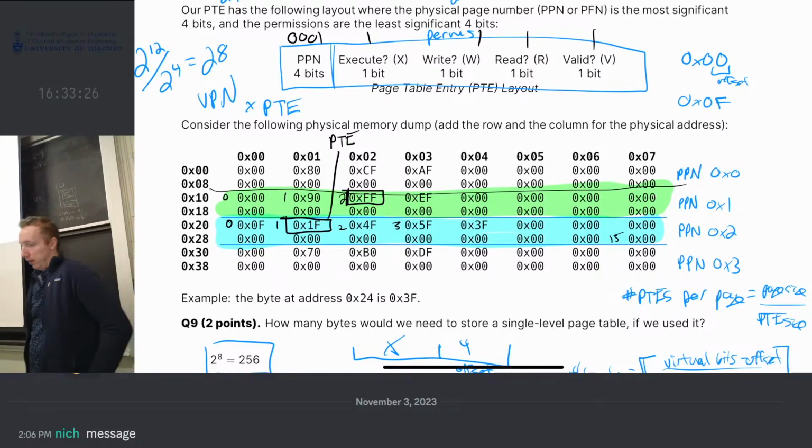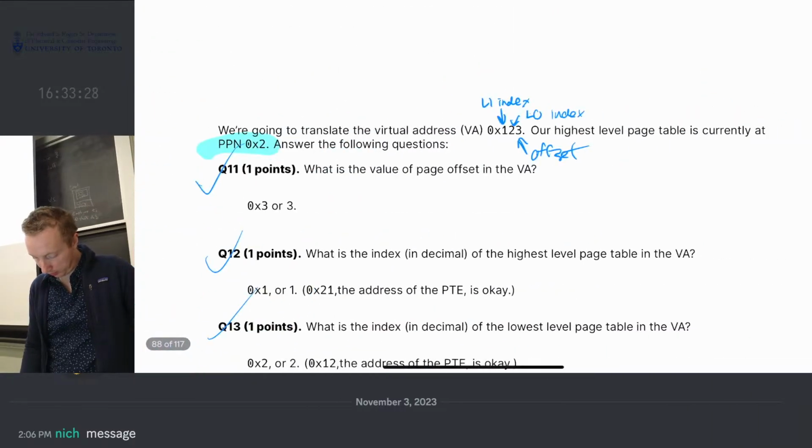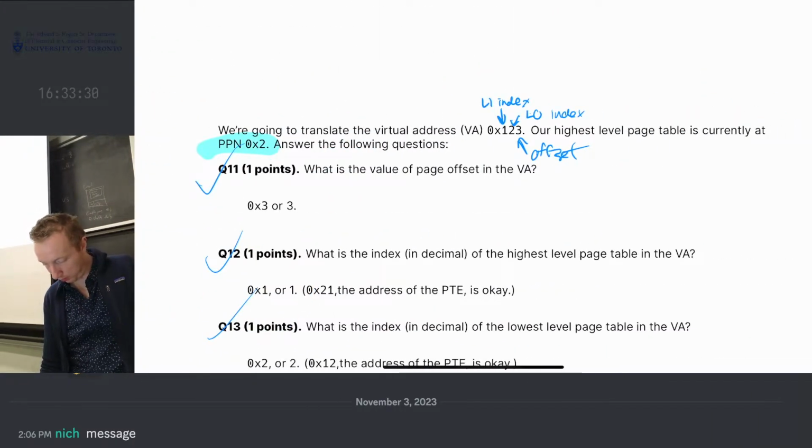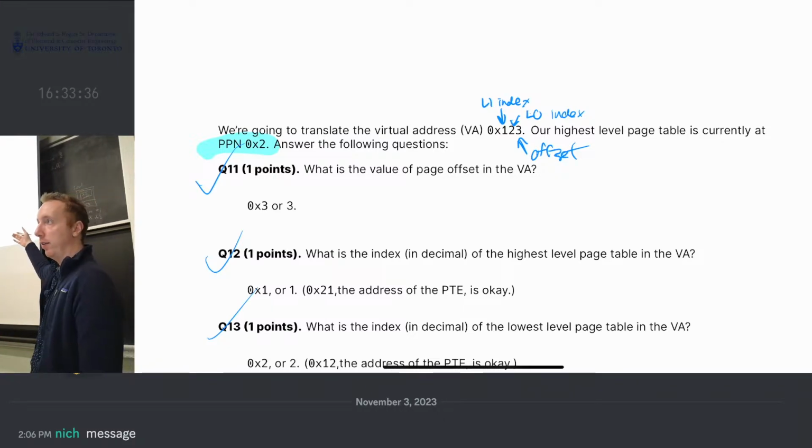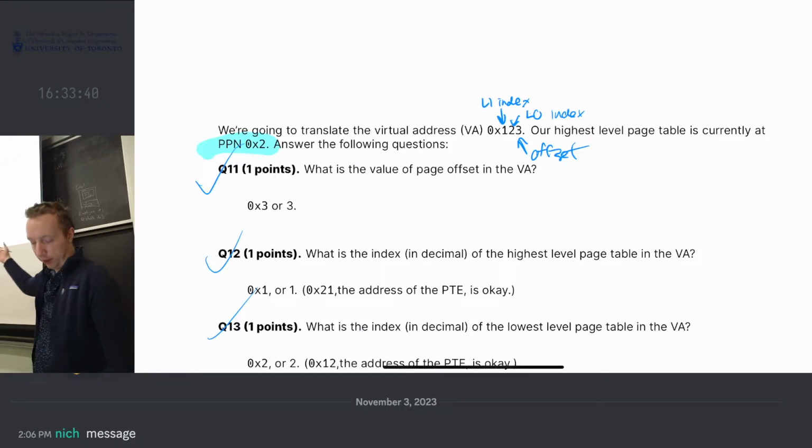So the question tells us we are translating virtual address 1, 2, 3. That also translates into we have to use 1 for the L1 index, 2 for the L0 index, and when we're translating it, we don't have to touch the offset.